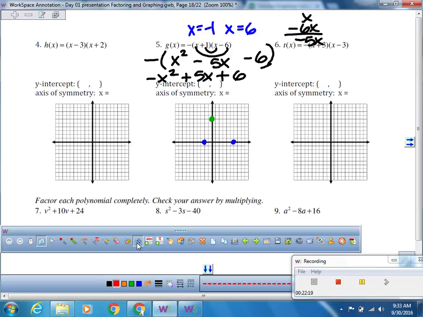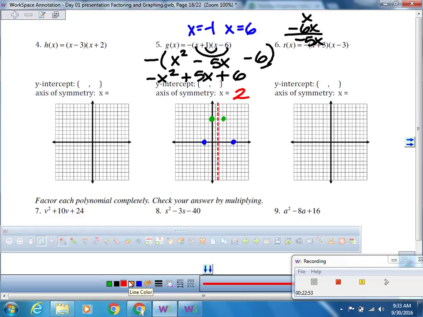Exactly. So my axis of symmetry, I can't really tell because this graph is so small. I think it's right here. It looks like, can you guys tell me, is it x equals 2? Is that my axis of symmetry? Can you guys count? Your graphs are easier to see than mine. Aaron, you're going to burn out that marker. So then we've got, is it 3.5?